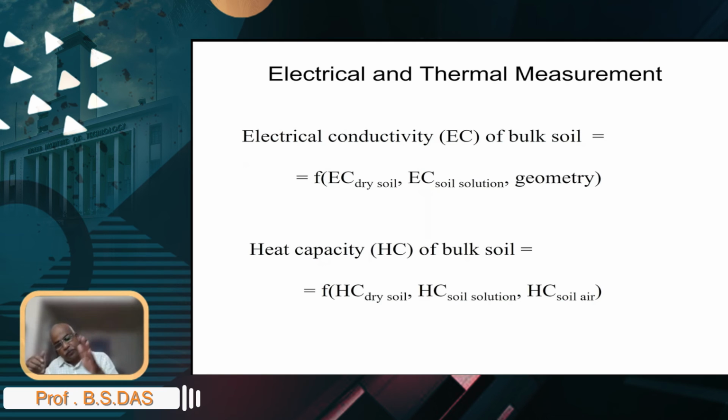As the soil loses water, wherever water is present in the soil, that geometry is going to change. So electrical conductivity probes really have three components. One is the electrical conductivity of the dry soil, then the electrical conductivity of the soil solution, which would be a function of how wet or dry the soil is, and the geometry of that whole setup, which also would depend on the soil wetness.